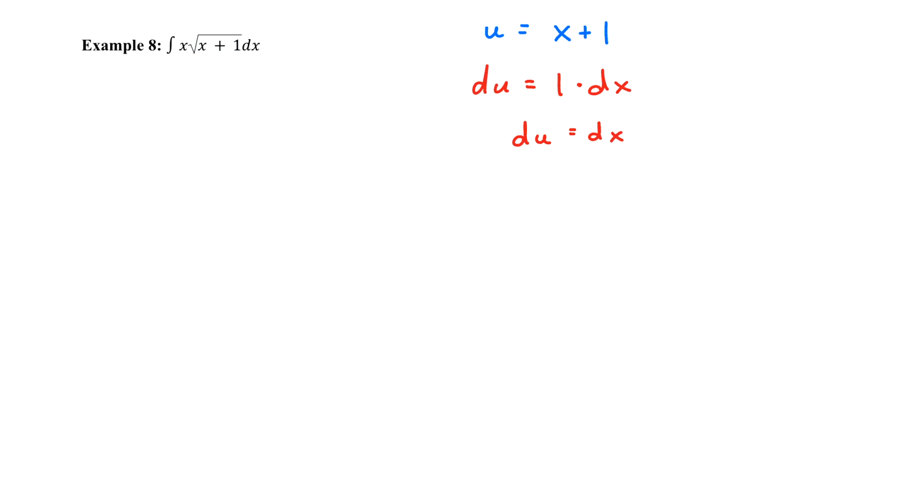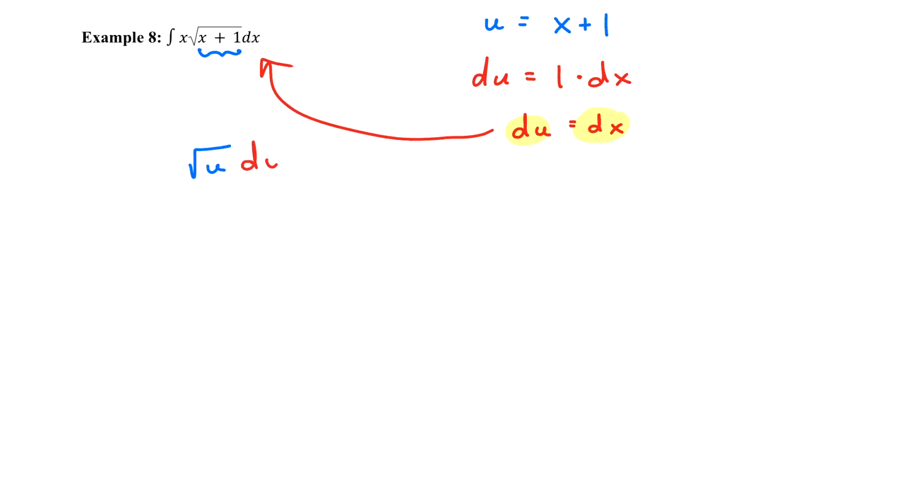I'm going to think ahead to what our substitution is going to look like. We said x plus 1 is our u, so after we make that substitution, that's going to be the square root of u. We have du is equal to dx here, so I can take out that dx and replace it with du.